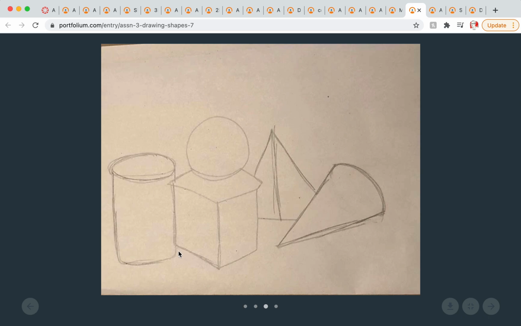Okay, it's kind of getting away from you a little bit there because it looks like the cylinder is in front of this cube, right?